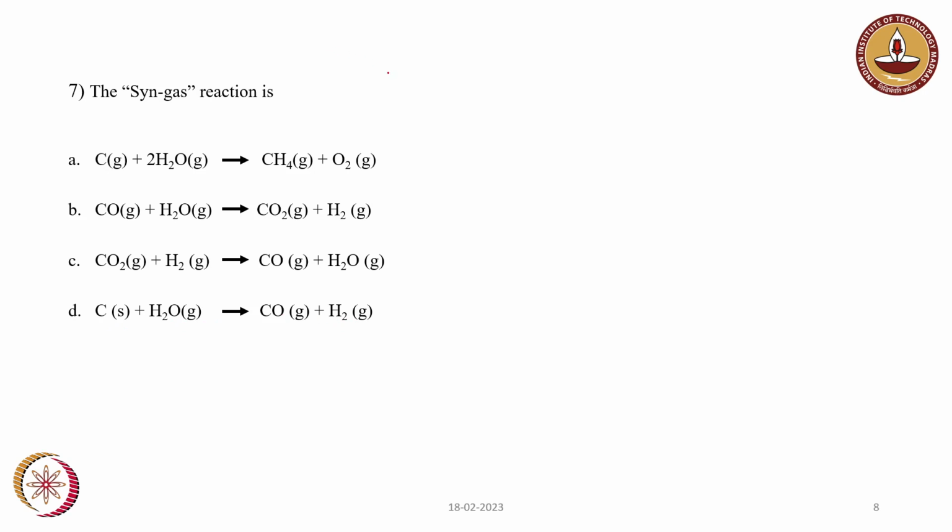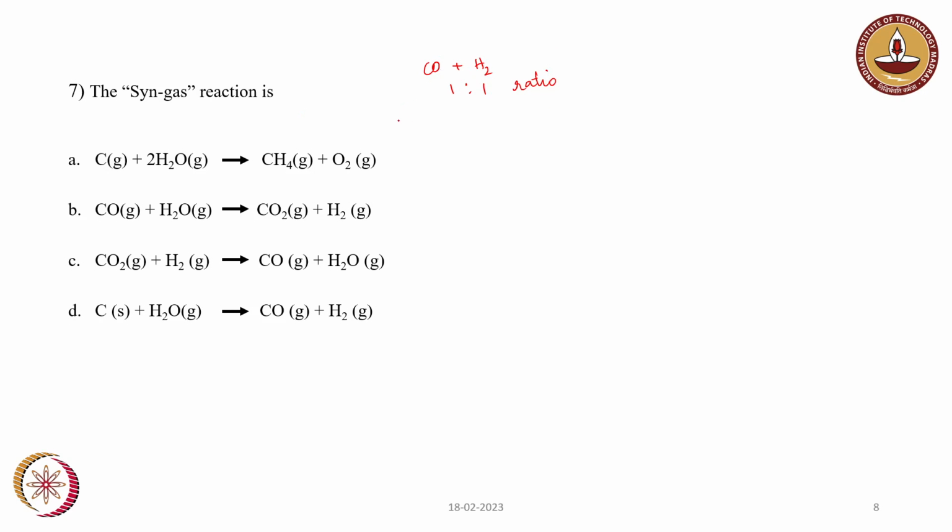So syngas is the CO and H2 gas mixture in 1:1 ratio. And they are called syngas because this mixture can be used to synthesize higher alkanes and other hydrocarbons.